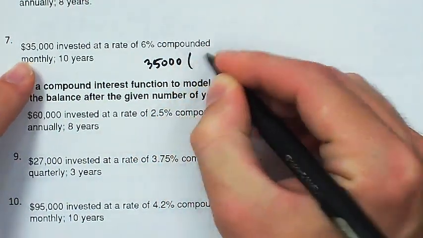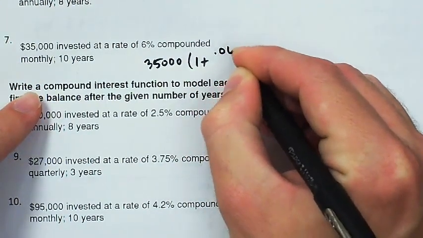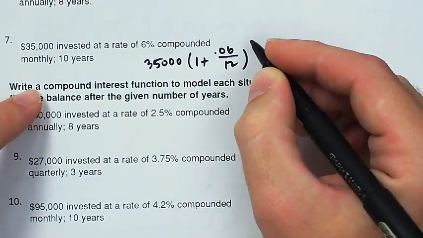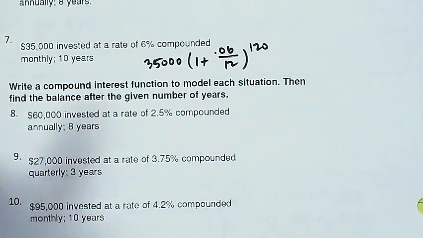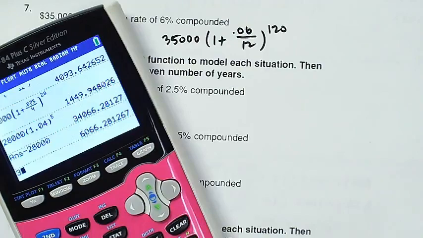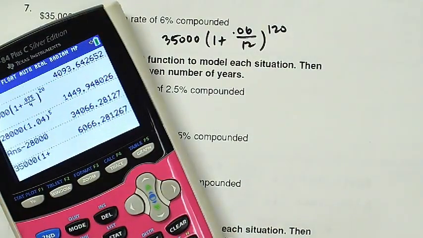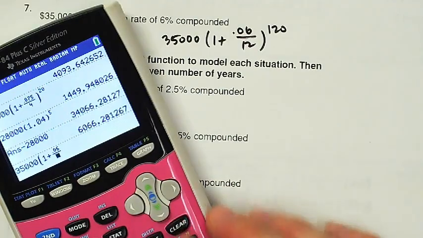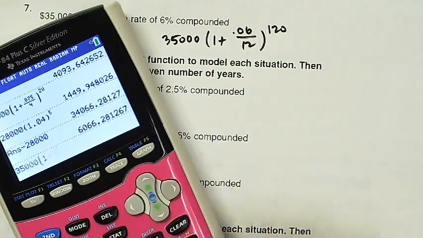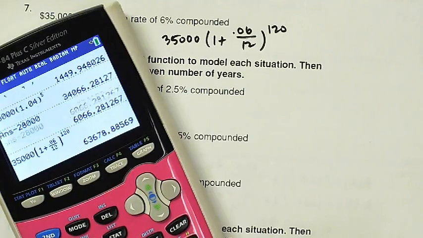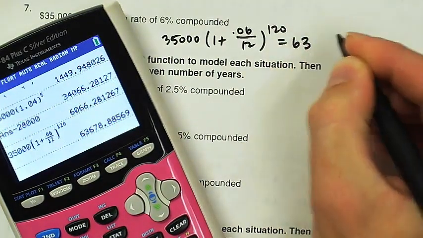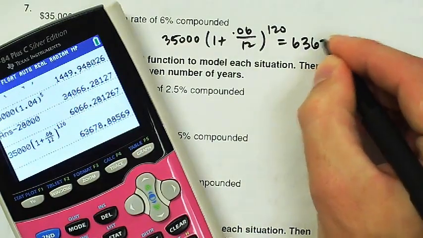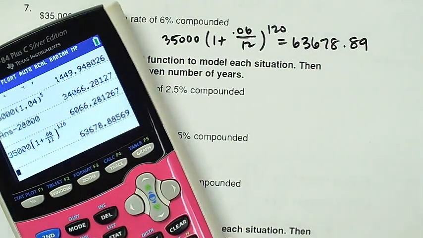$35,000 times 1 plus 0.06 divided by 12. I think we did one very similar to this. To the 12t would be 120. And we get 63,678.89.